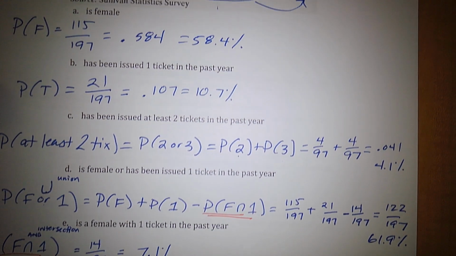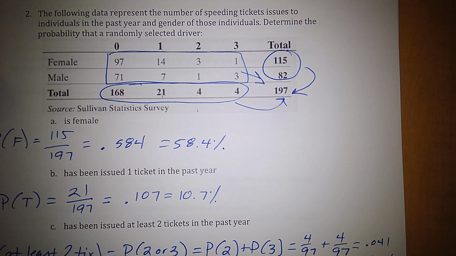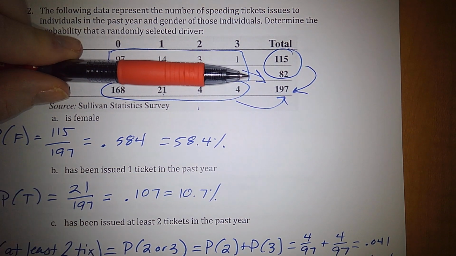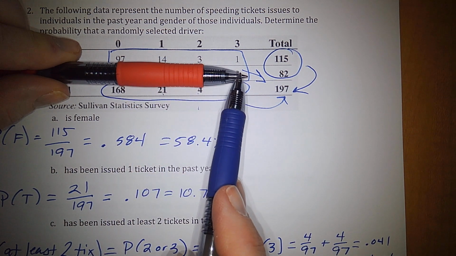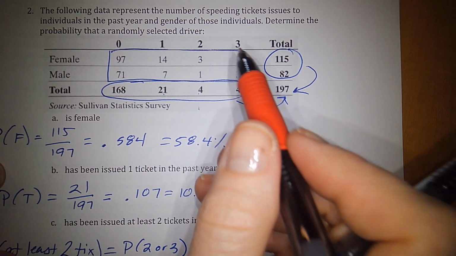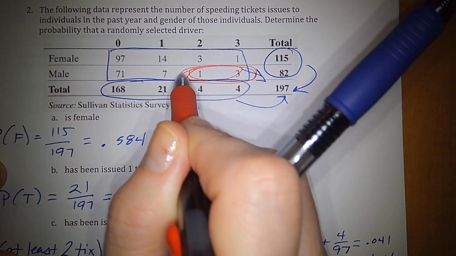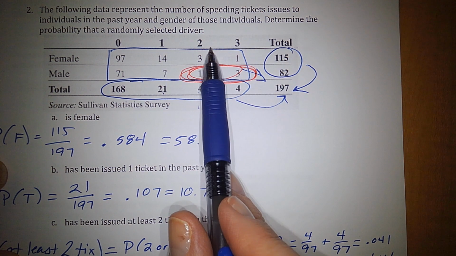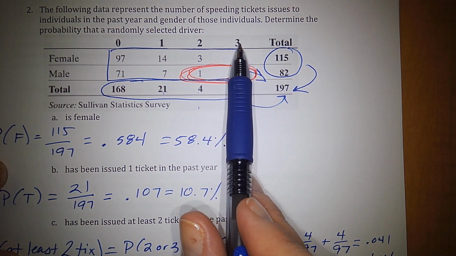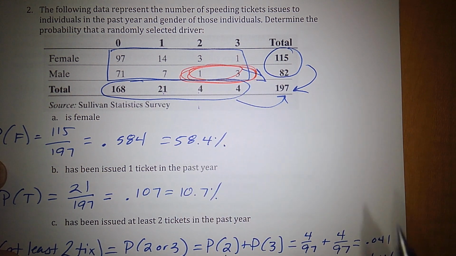So if I go back up to my graph, here's males in this row right here, and which of these males received at least 2 tickets? These people right here. There was 1 male that received 2 tickets, and there were 3 males that received 3 tickets, so a total of 4.